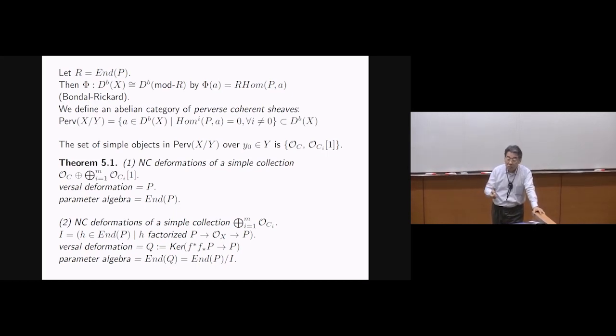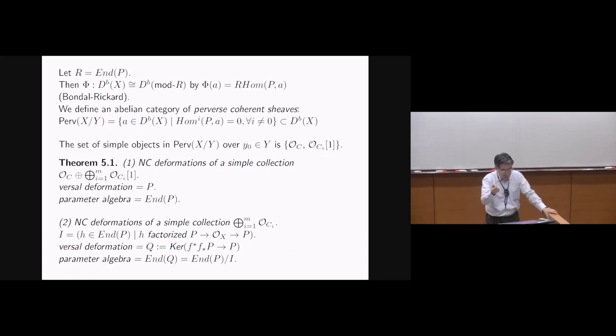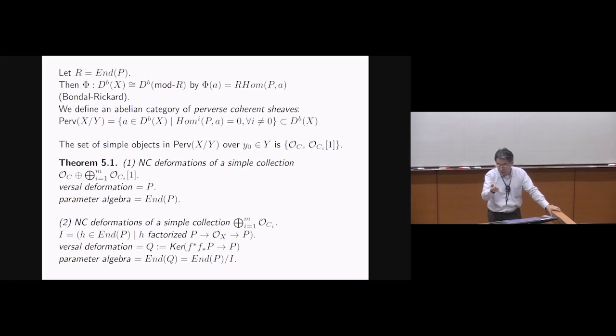On the geometric side on X, if you consider the central fiber, the central fiber is the curve, and each point on the curve gives a simple object. The skyscraper sheaves on the curve are all simple objects. So there are infinitely many simple objects on X, but on the perverse side you have only finitely many. So this is more algebraic.